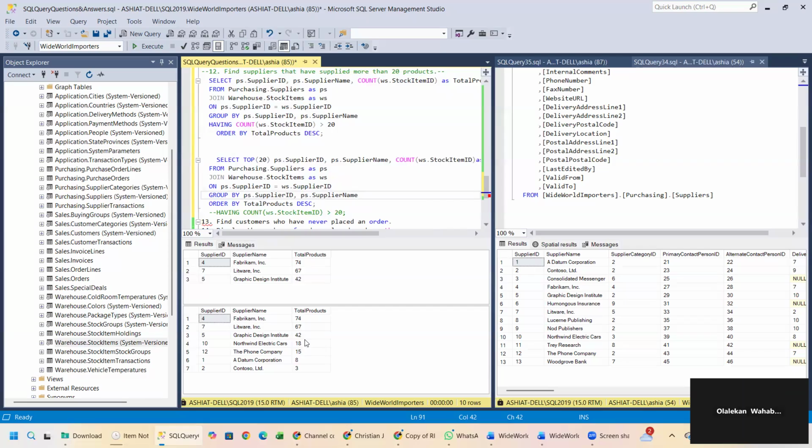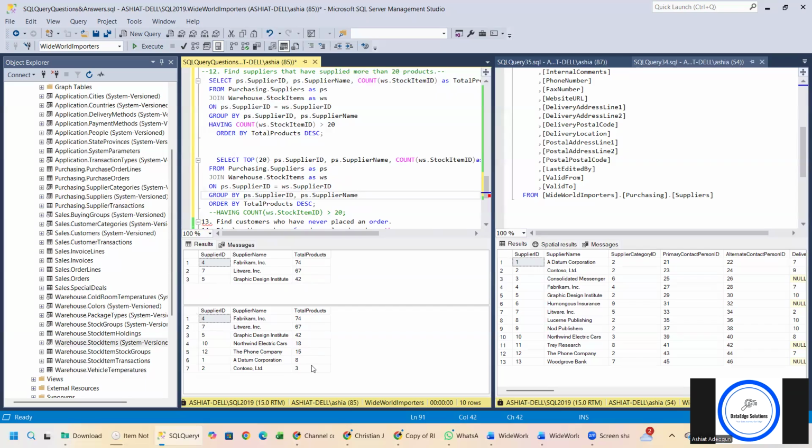Do you get that? Because in the top 20 in the second query, you see that we have seven results here, and the first query gives us the total products that are greater than 20. It gave us the first three that are greater than 20.